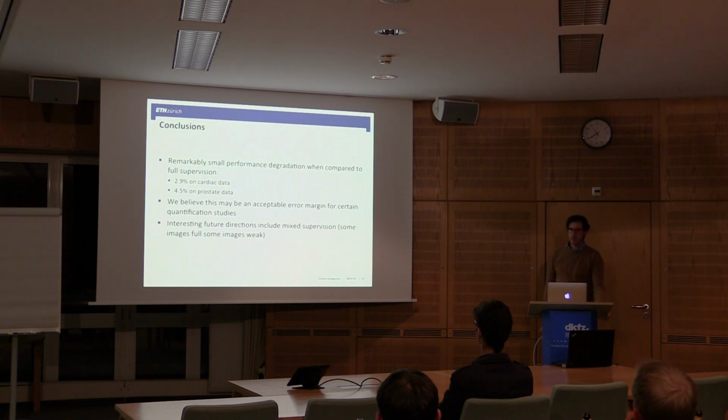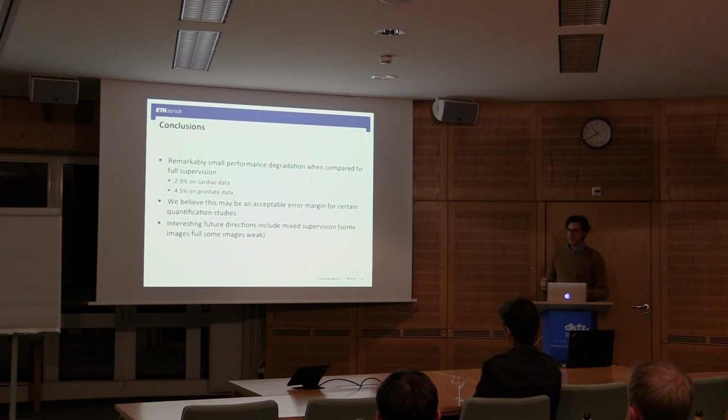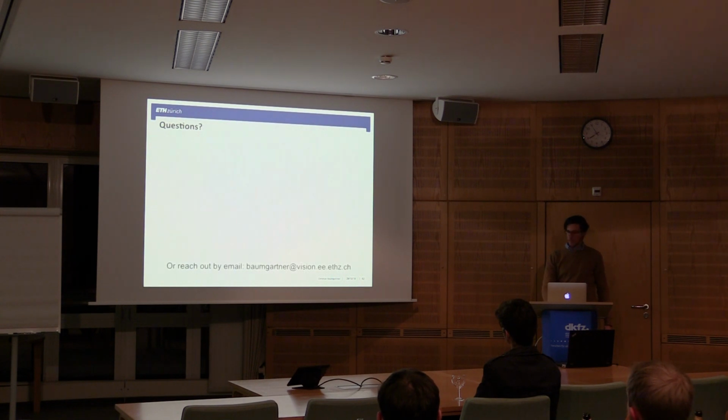And of course, some interesting future directions may be mixed supervision, for instance. What happens if you include a very small number of fully annotated cases and then annotate the large numbers using only scribbles? We have a feeling that this might close this gap even more.